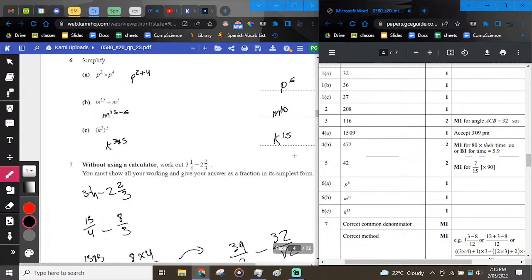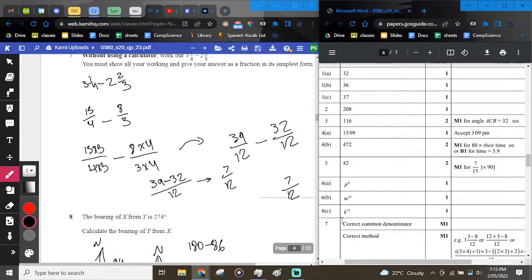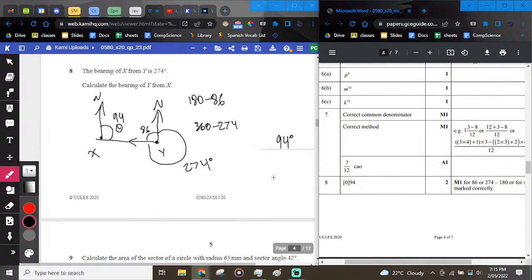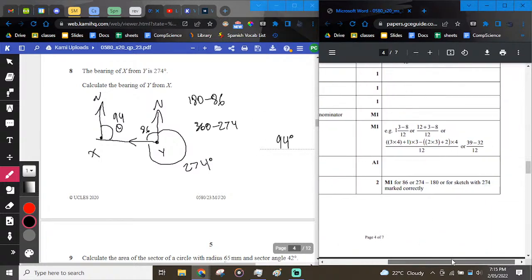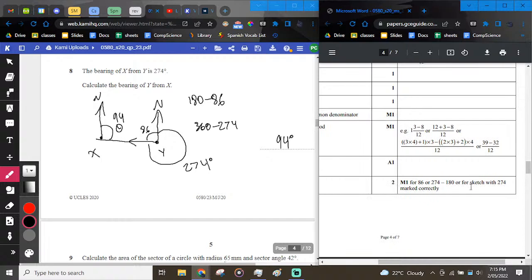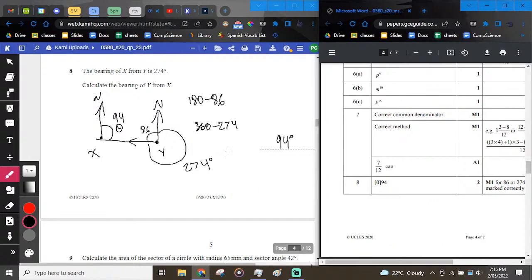Yes. Right. Correct bottom denominator, yes sir. Correct method, yes sir. And correct answer, whoopee. 94 bearing. 1 mark for that minus 108. Yeah, for a sketch. You get a mark for a sketch, so be sure to draw one.